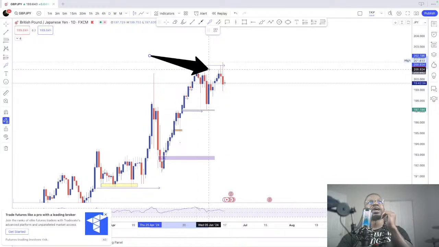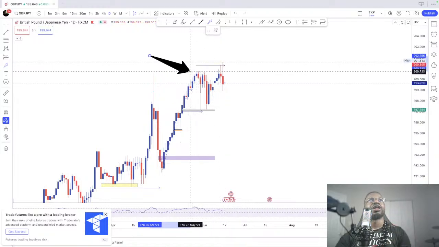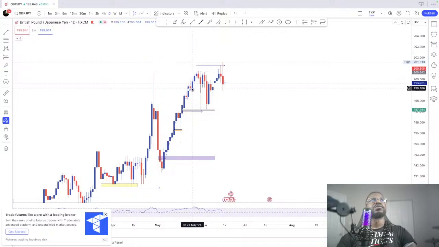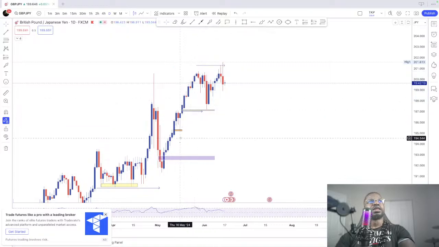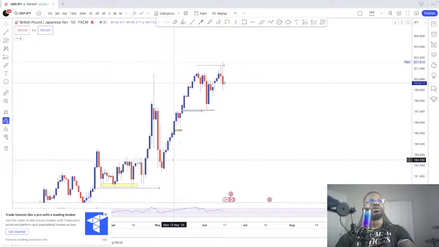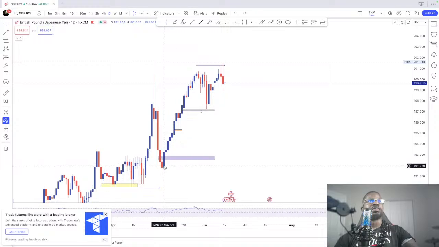Now it did create a higher high, but it did not close above the highs printed by this double top on the daily. So what we want to do is find possible areas where the market could potentially pull back, and we also want to see where it could go if it continues to move up.